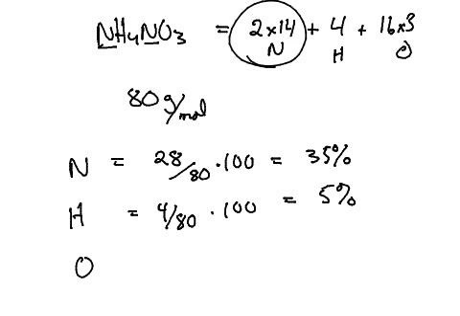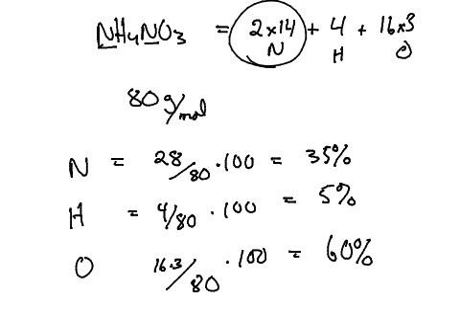And the oxygen, we could subtract from 100, or you could take 16 times 3, which is 48, over 80, times 100, which is 60%. So in this compound, 60% is oxygen by mass, 5% hydrogen and 35% nitrogen. This is a very elementary problem, and you'll go, oh yeah, I remember that.